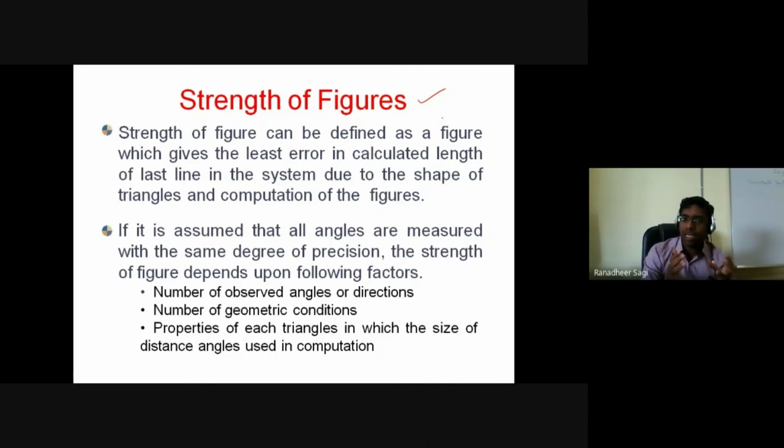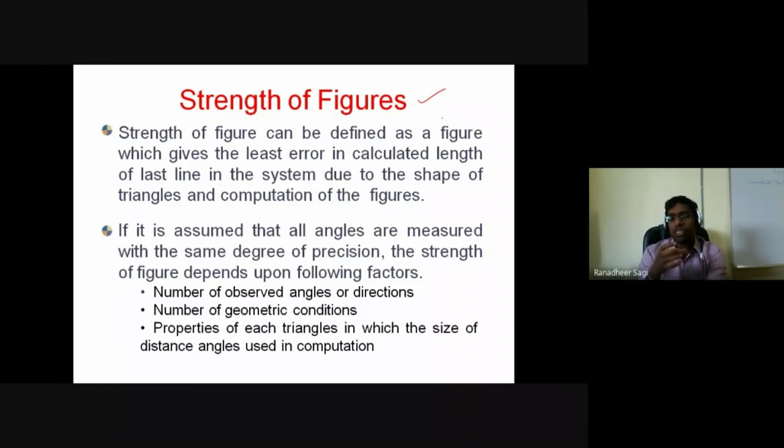By mathematical trigonometric functions, you calculate the length of that, which we call the computed length. In the original field, you measure the exact length. If the measured length and your calculated length are not varying by a large margin, if the error between those two values is very small, then we say the strength of that particular figure you have represented in forming the triangulation network is relatively high.